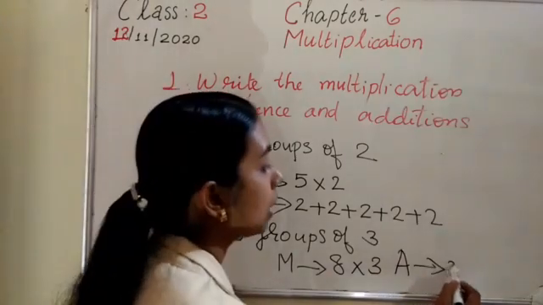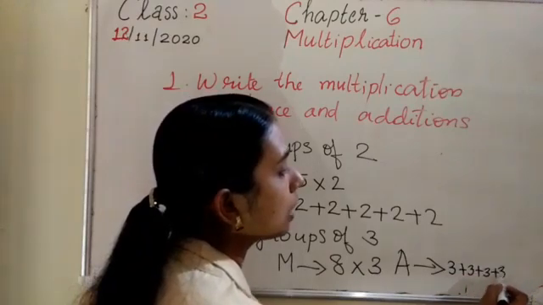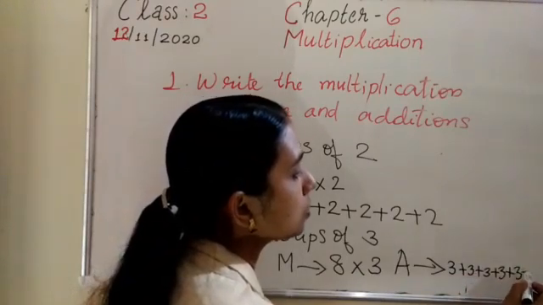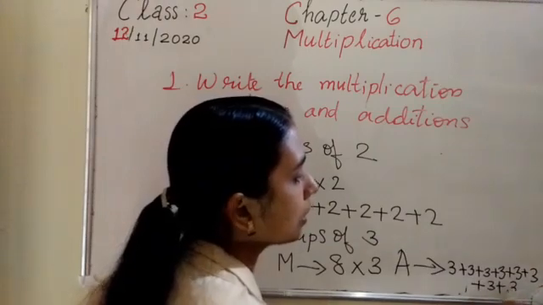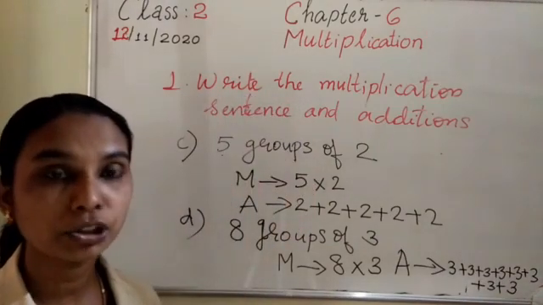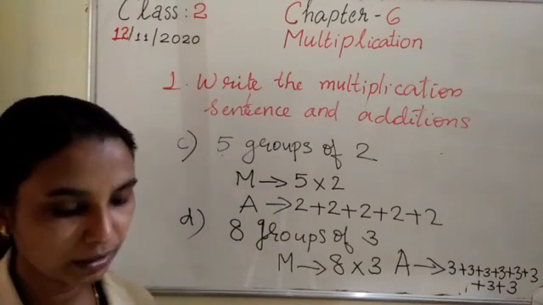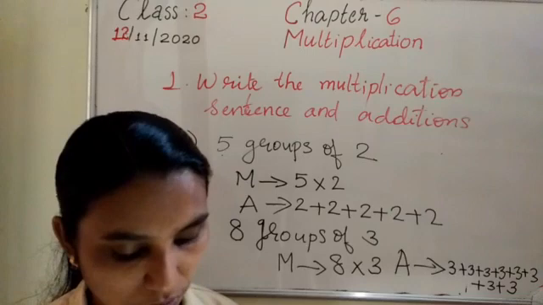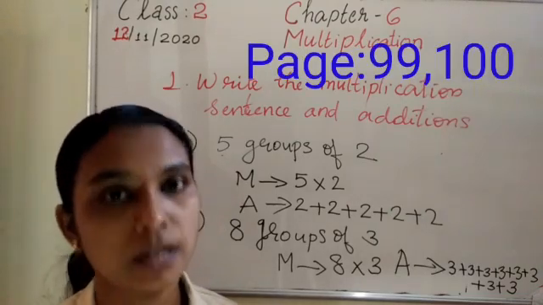That means 3 plus 3 plus 3 plus 3 plus 3 plus 3 plus 3 plus 3. How many times do you have to add 3? 8 times. Got it?